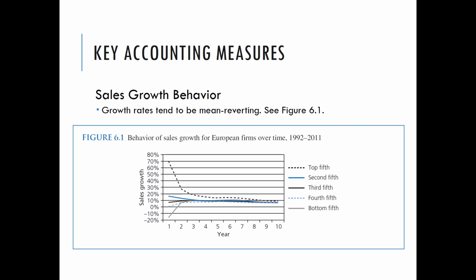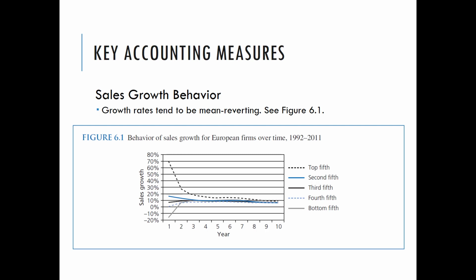The whole reason this happens is competitive forces. When I see a company doing really well, selling huge quantities of a product, I'm just going to copy what they're doing. It's going to increase my sales growth, but because I'm going into their market, it's going to decrease their sales growth. So all these competitive forces lead sales growth to revert back to the mean over time.